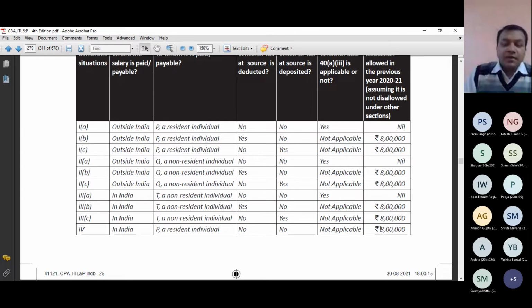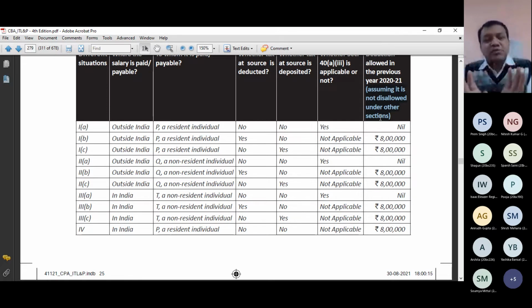But another technical point is, whenever I am allowing these expenditures, whether it is 40A1, 40A1A or 40A3, I am allowing them with one assumption, which is written above in this black background: assuming it is not disallowed under other sections. 40 clause A is only one section which disallows. There are other sections which also disallow expenditures. So just because my expenditure is allowed as per this section, it does not mean that you will not check other disallowing sections.